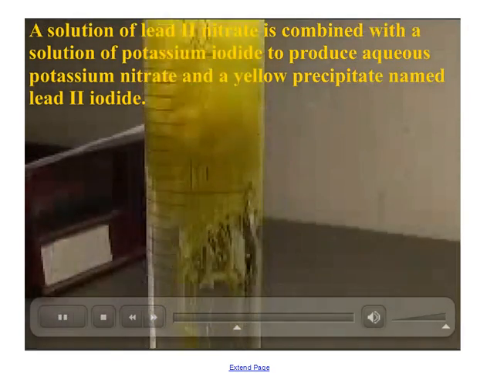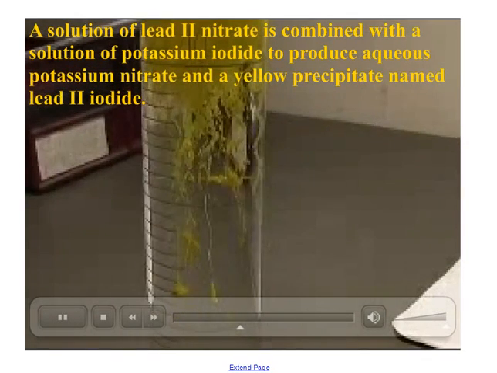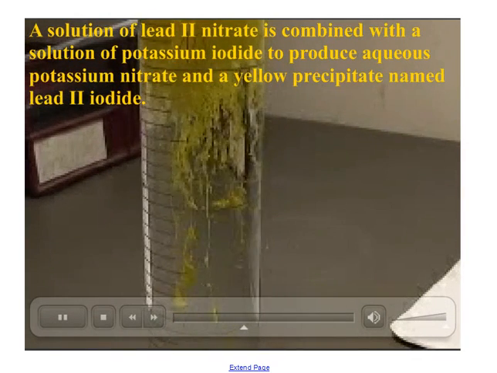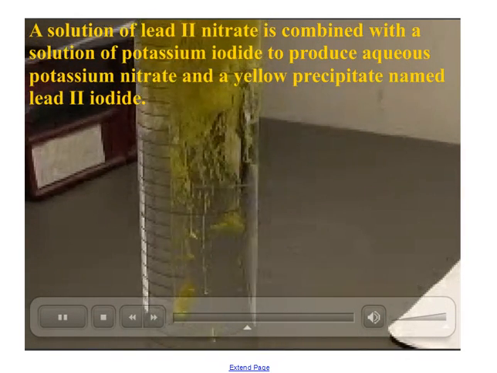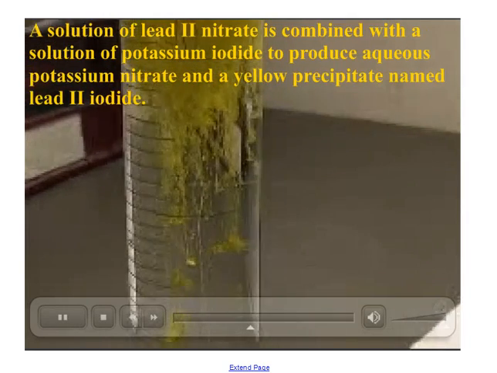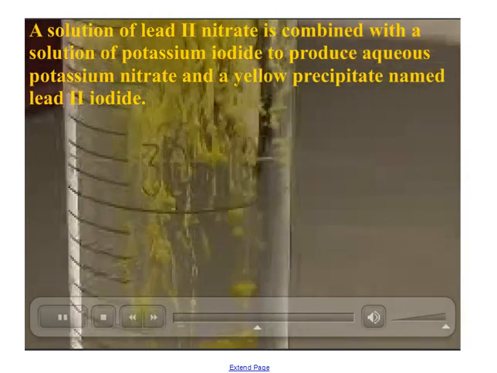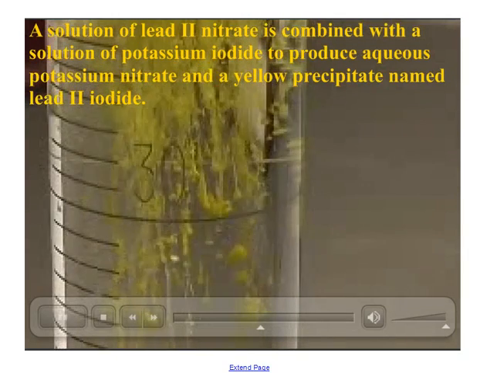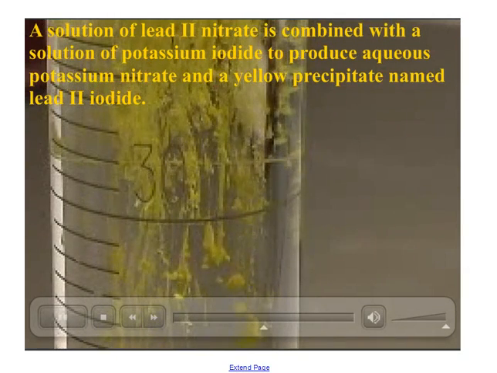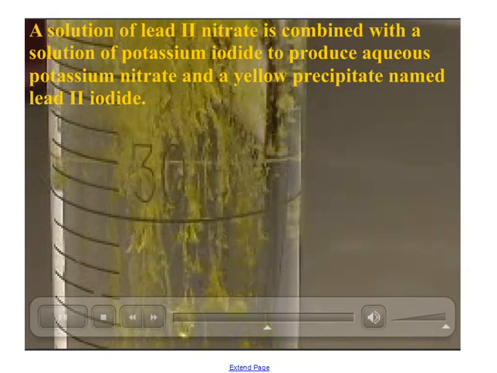You're witnessing it here. This reaction uses fairly hazardous materials, so we don't do this in the classroom, because the nitrates are fairly toxic to work with, and the lead iodide is a hazard in the landfills.